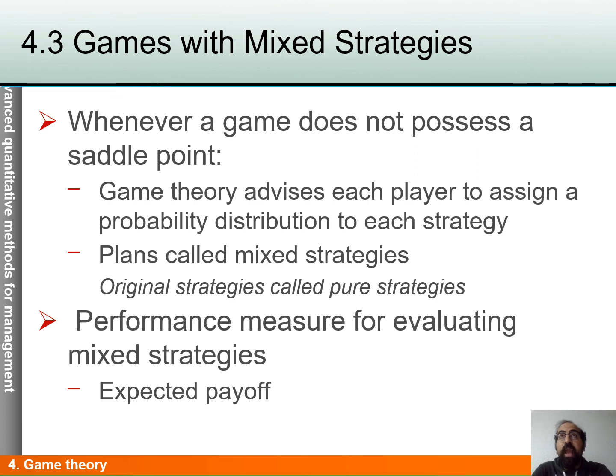Okay, so when we have, for example, 3 or 4 strategies for player 1, we should name each of these probabilities x1, x2, x3, and x4. And when we have, for example, 5 strategies for player 2, the probabilities related to these strategies are y1, y2, y3, y4, and y5. The coincidence of each of these probabilities is the payoff of that table.